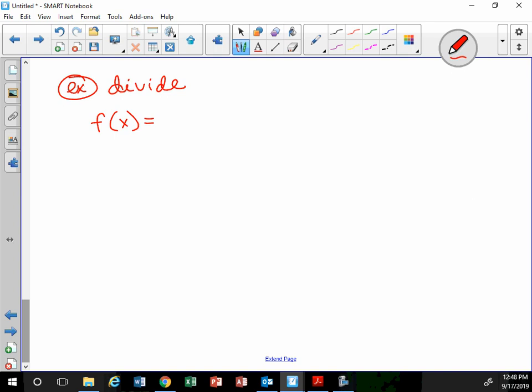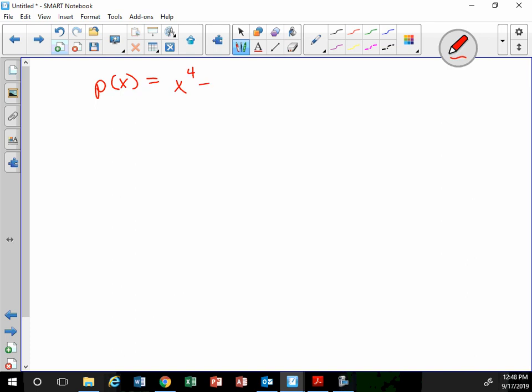Okay. I'm just going to start on a new page for you. So you are given p of x to the fourth minus 6x cubed. P of x, f of x, doesn't really matter. Plus 20x squared minus 22x minus 13.